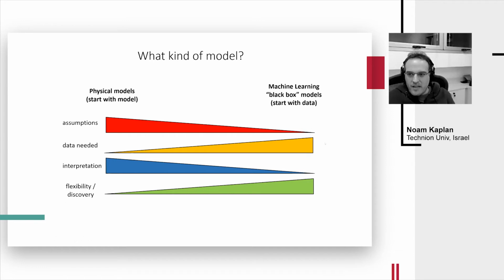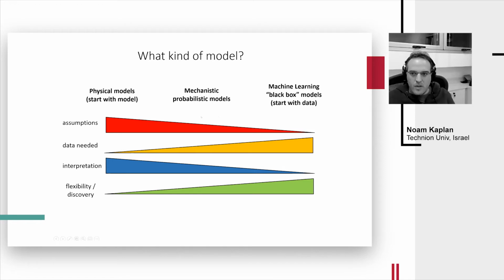On the other hand, you have the machine learning black box models, where you start with the data and make very few assumptions. You need a lot of data for this, and it's usually very difficult to interpret what you actually find, but you can maybe find new things. Our approach is something in the middle.